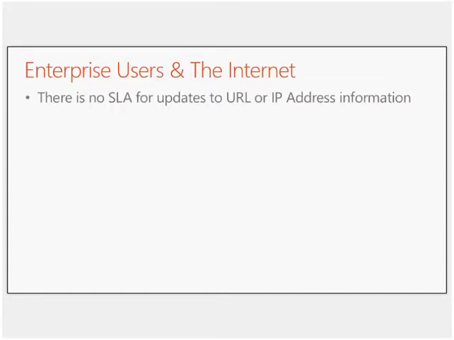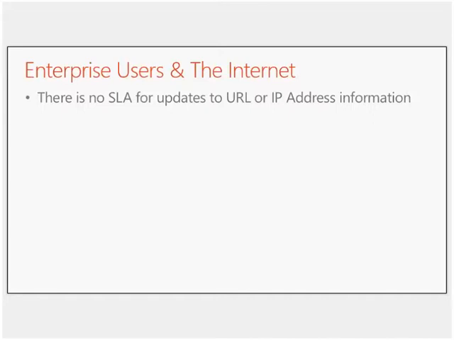So the important thing to note about our IP and URL filtering information that we provide is that we don't maintain an SLA for providing the updates of the URL or IP address information.